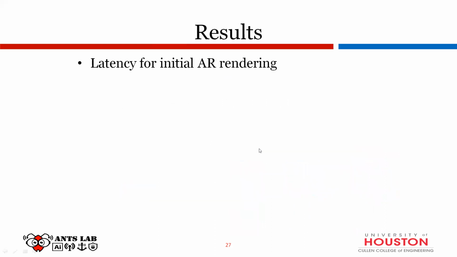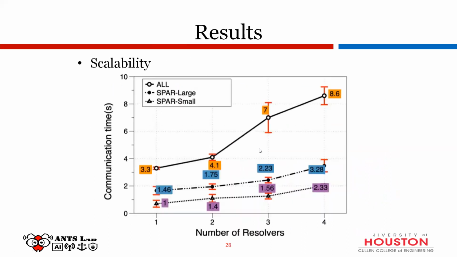And I'll continue. So this is the latency, and now we talk about scalability. This is the number of resolvers. As the number scales, the one that transmits all keyframes has a much more significant change in communication time, while the two strategies introduced in the paper, the SPAR ones, don't scale that much.